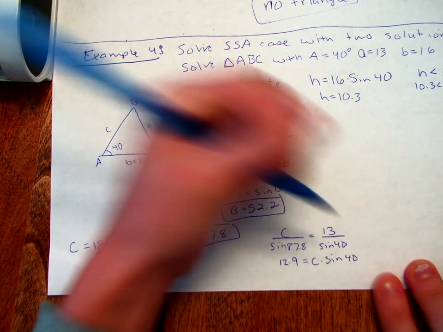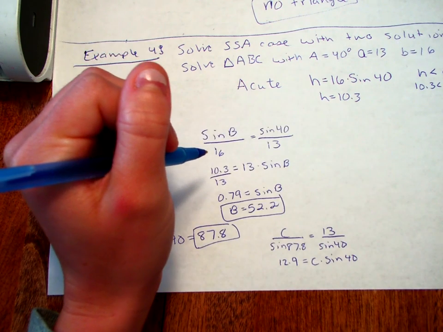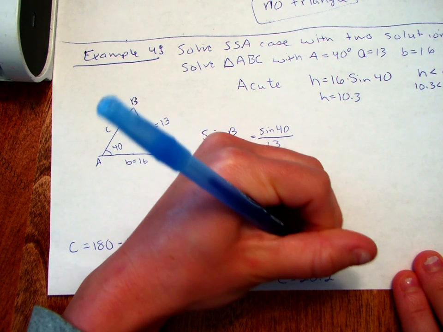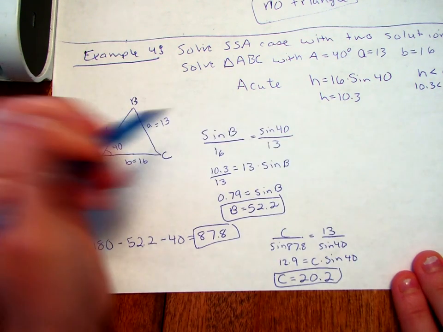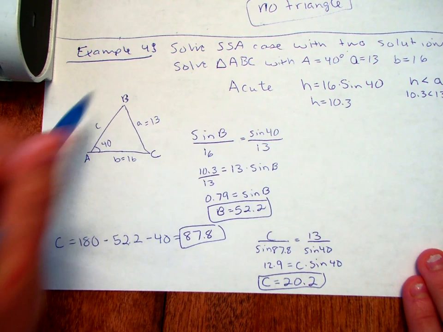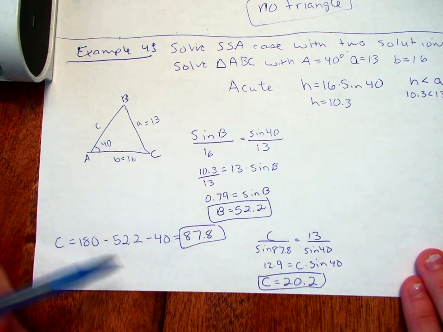Divide that by sine of 40, and C equals 20.2. Okay, so like I said, this does have two solutions. So we found one solution. This is one triangle's worth.